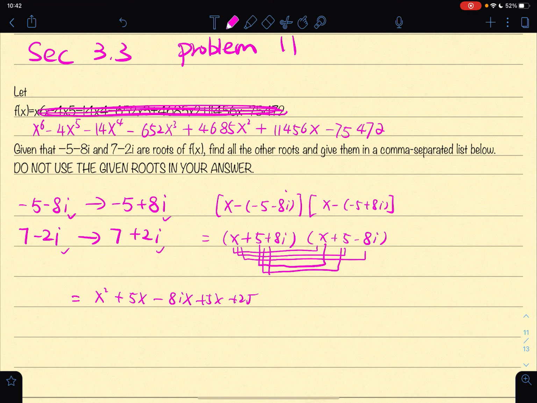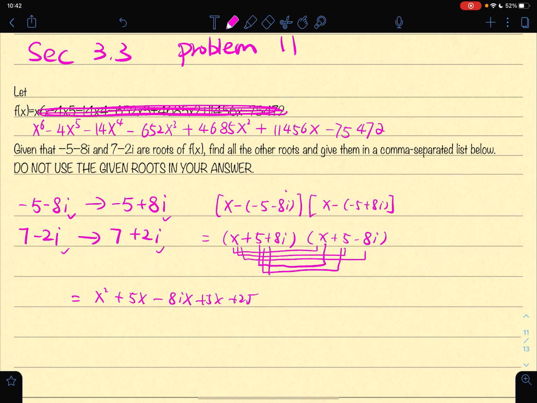The other part gives you 1182x cubed. You borrow your term down here, plus 4685x squared. So you need to have a 73x squared at the top in the front. So this is what you end up with.